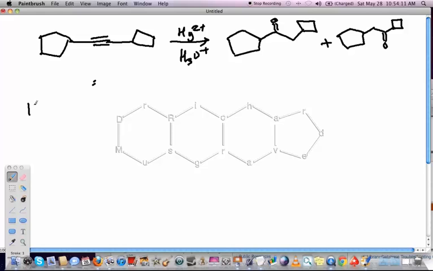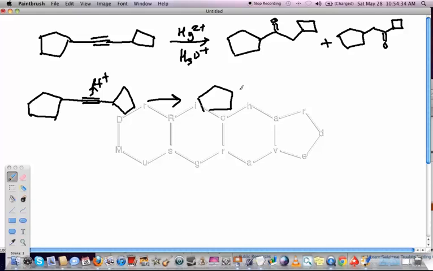So looking at the mechanism, what I'm going to do is choose to put the plus on this carbon, which leaves the hydrogen over on this carbon here.